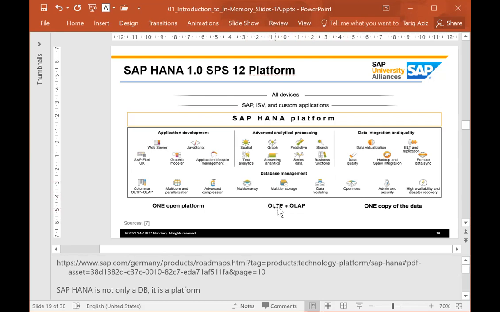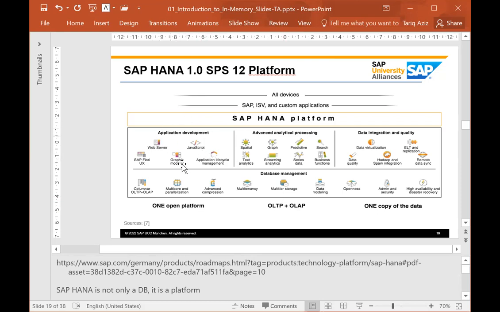So online transaction processing plus online analytical processing merge together in HANA. There's no movement of data from the transaction database to the analytical database. There is no aggregation from transaction to analytical. There is no indexing required. So everything is eliminated now.